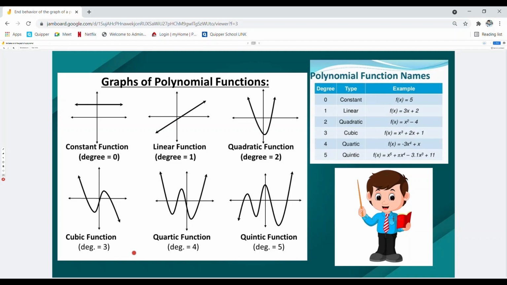Alright, so what about the next? We have the quartic function. Quartic function is a function in which the highest exponent is 4. So we have here f of x is equal to negative 3x to the 4th plus x. That's an example. So how does the graph look? You will notice that the exponent is even, as well as 2.